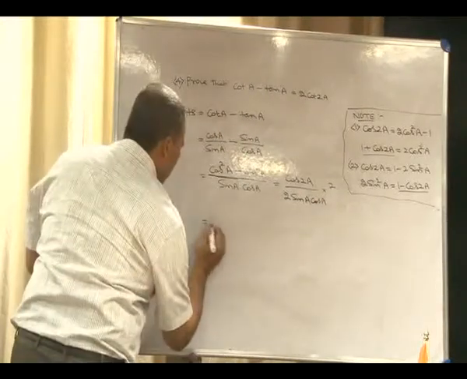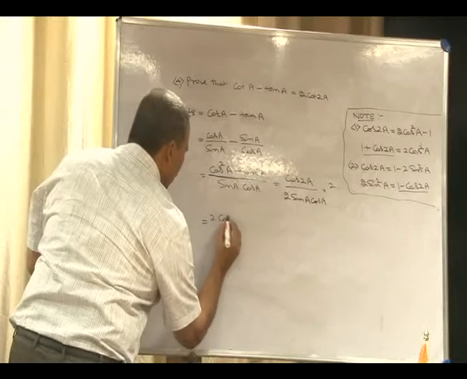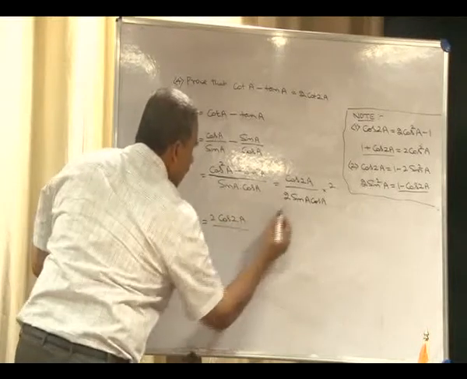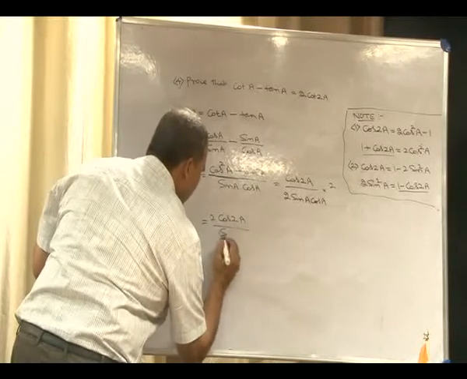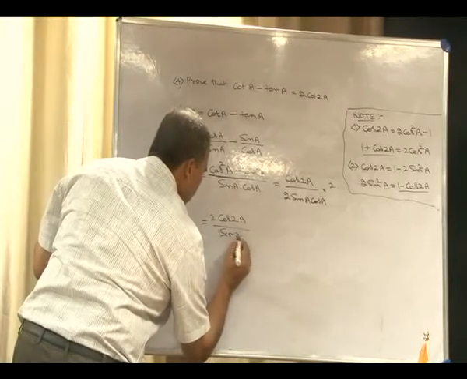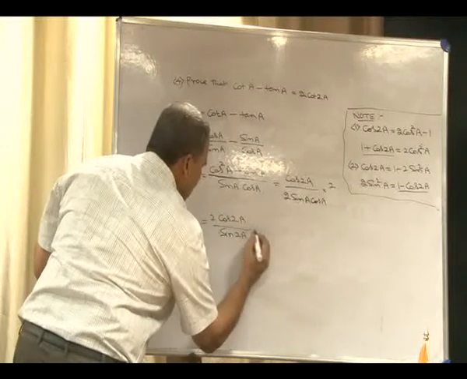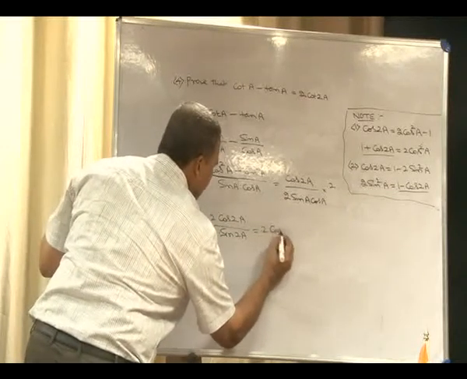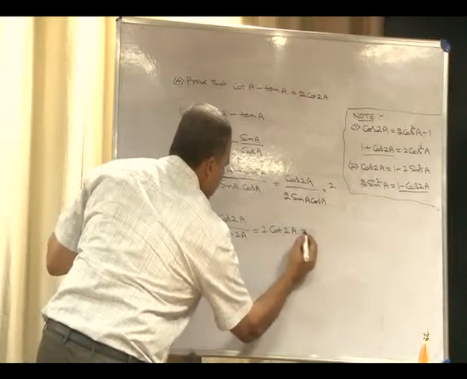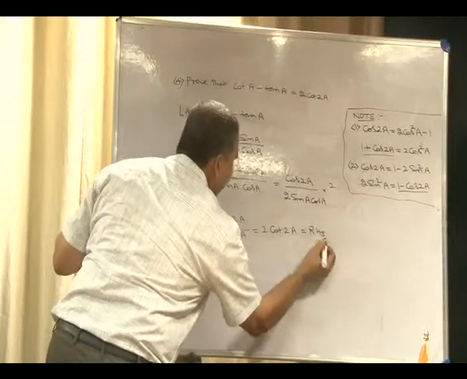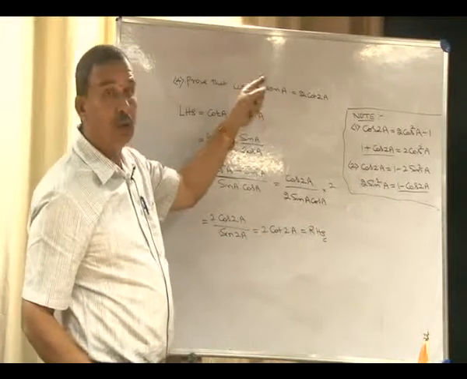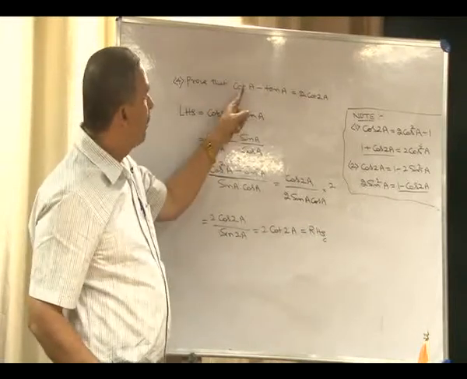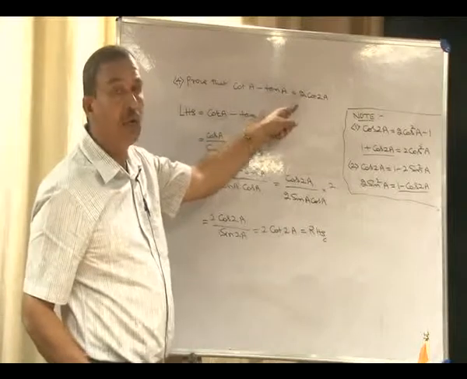That is equal to 2 times cos 2A by 2 sin A cos A, which is sin 2A. Cos by sin is cot, that is 2 times cot 2A, that is equal to RHS. That is, cot A plus tan A is 2 cosecant 2A, but cot A minus tan A is 2 cot 2A.